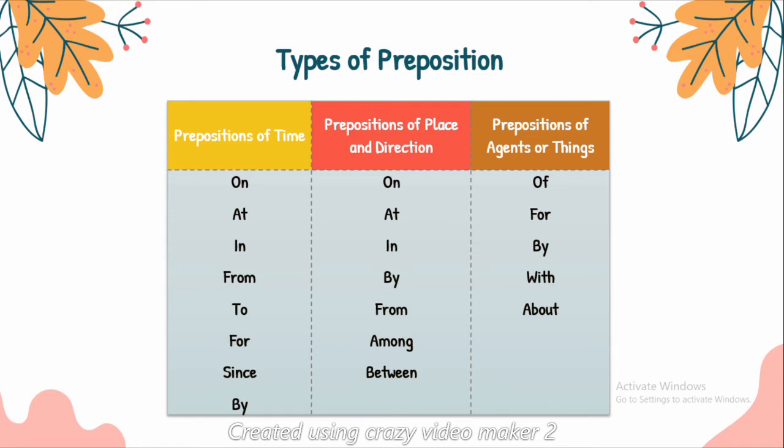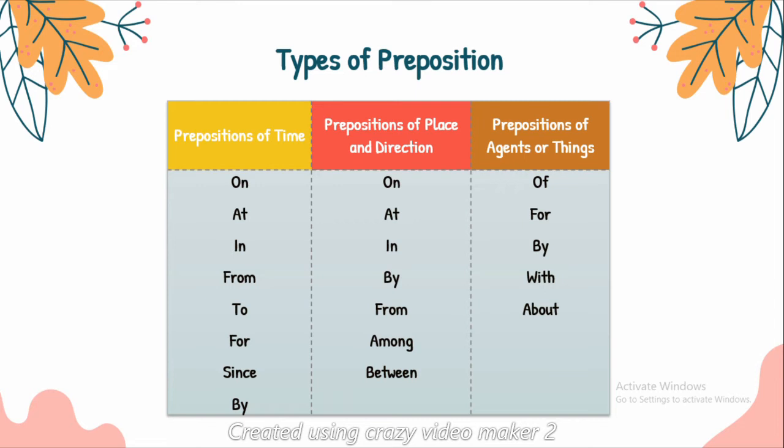Maybe you're a little bit confused about the types of prepositions because there are some words that are the same. I mean words like on, at, and in are in both the preposition of time and the preposition of place and direction.